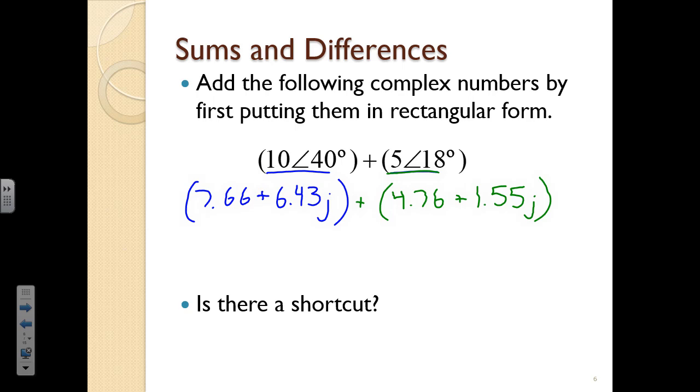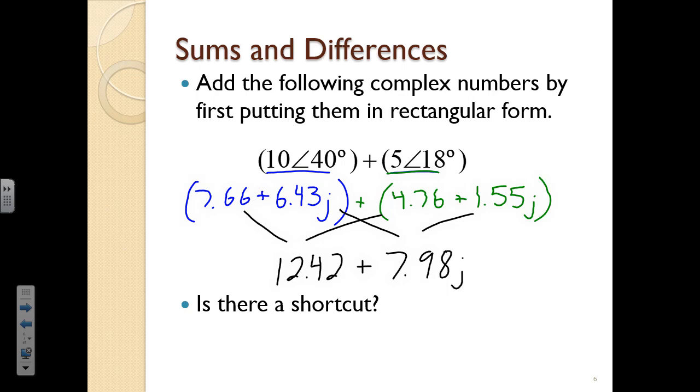Now, adding numbers in rectangular form is easy. We can add the real components to get a new real component of 12.42. And we can combine the imaginary components to get a new imaginary component of 7.98j. And there we are.